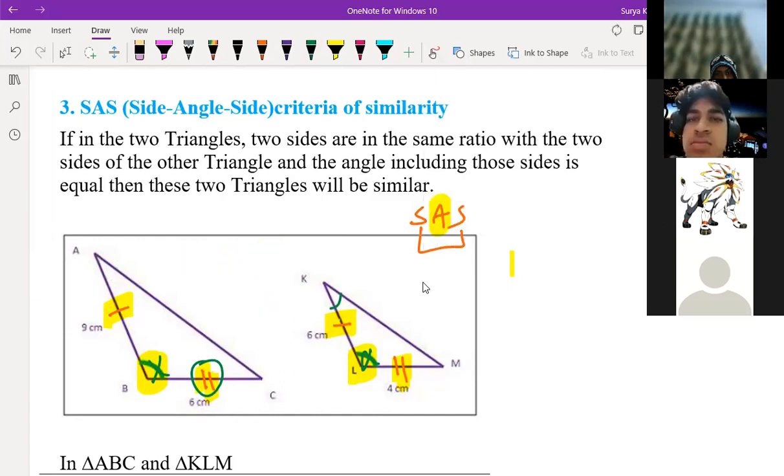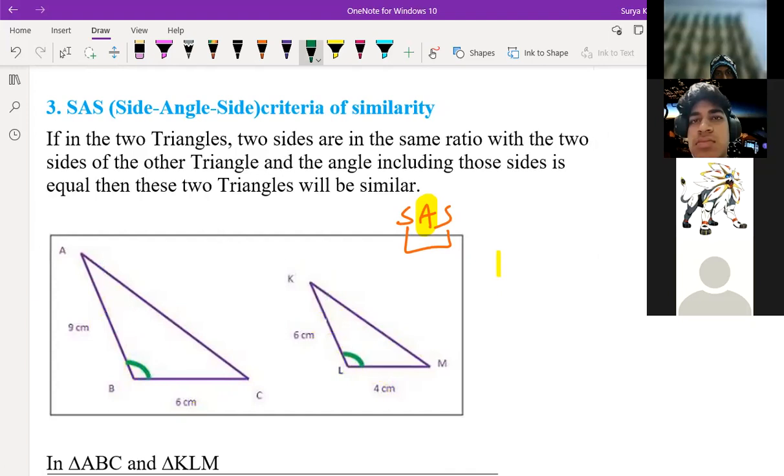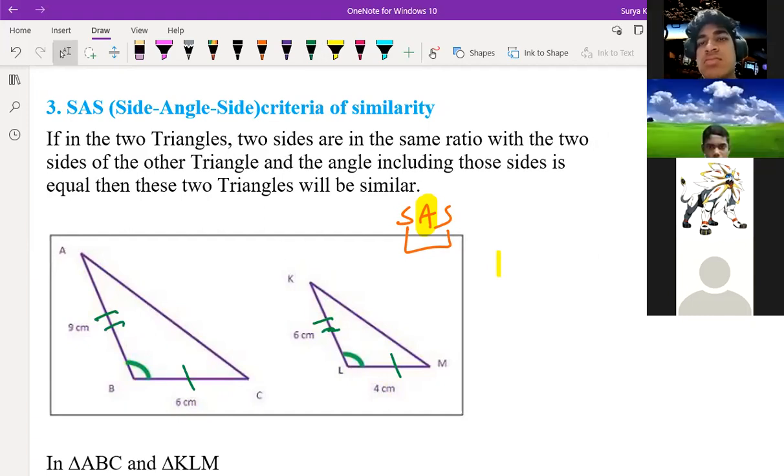The angle which we are showing in the figure should be exactly between these two sides only. This angle should not be here or here. It should be exactly between these two sides. Is it clear? Anyone having doubt? No, sir.